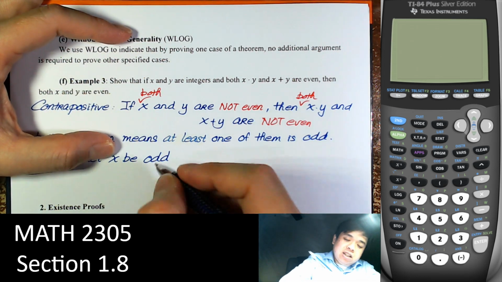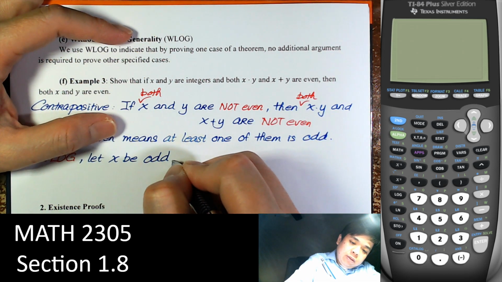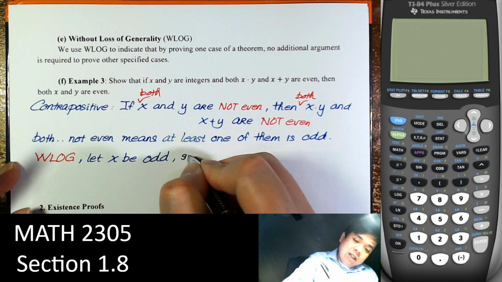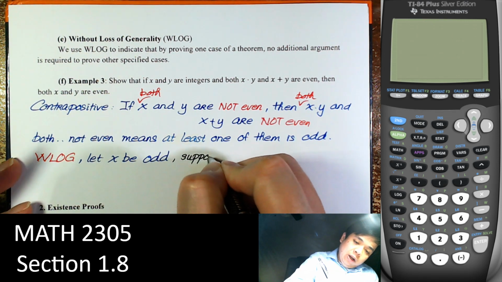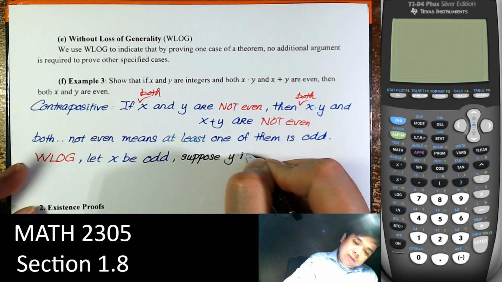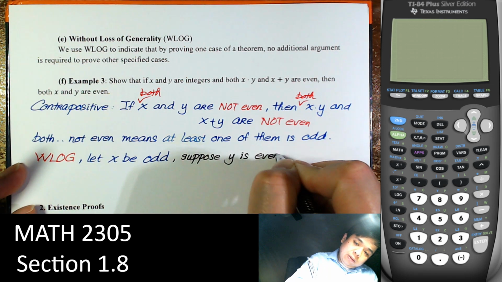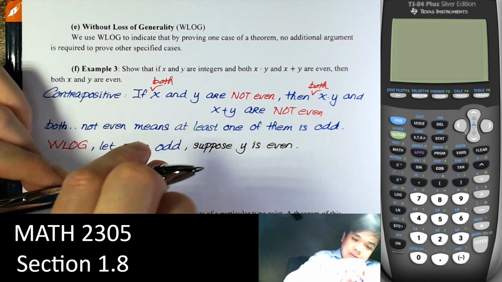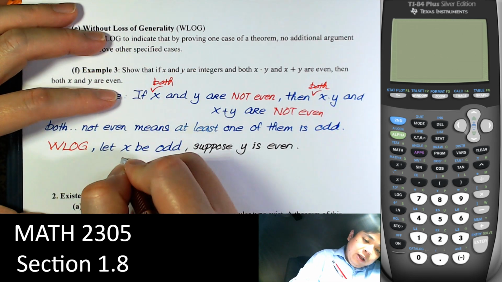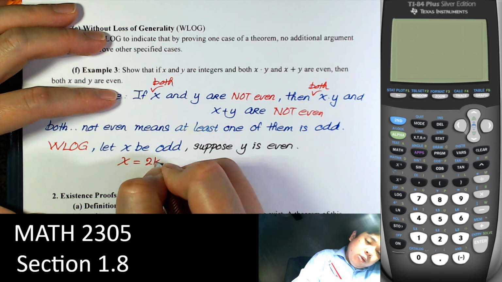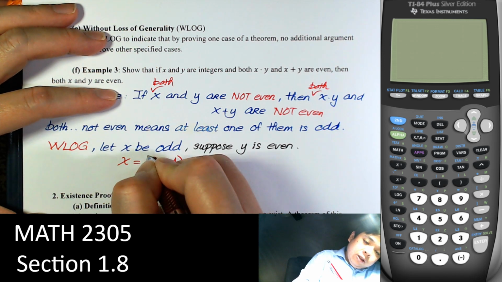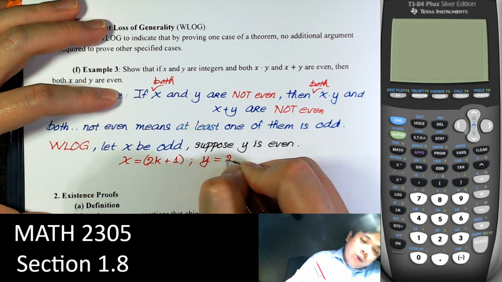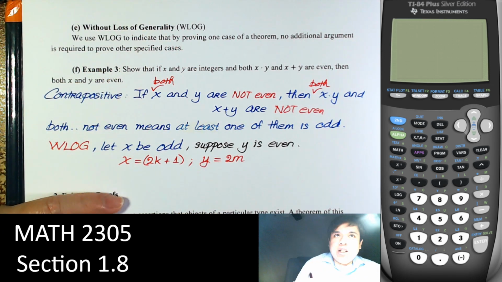But let's say x is odd, and now let's suppose case y is even. So in that case, x is odd, so it is 2k plus 1, and y is even, let's say 2m. Of course, m and k are any integers.